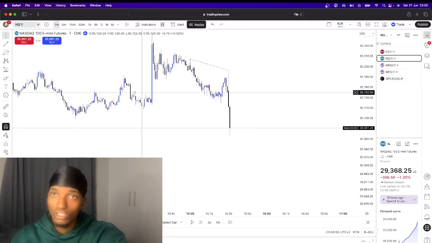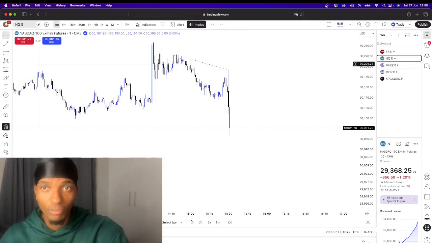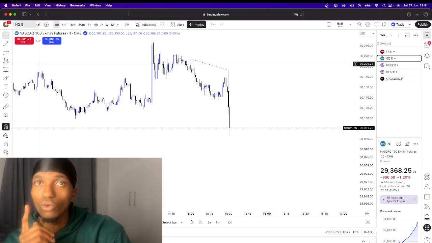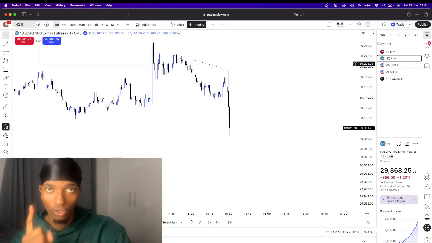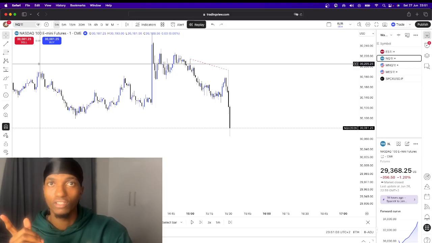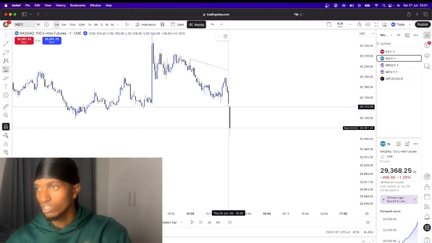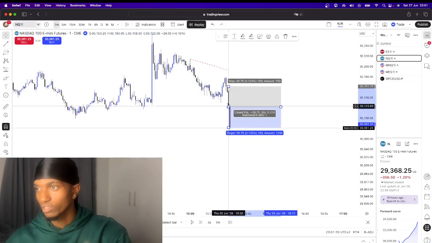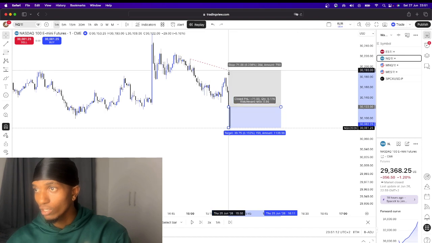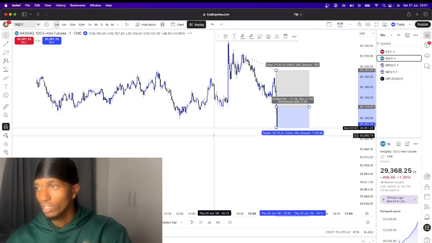So once all your confluences have been met, and then you're simply looking for that one entry confirmation, you can use an SMT for it, right? So in this case, let's say all your confluences have been met, then you see that we put up an SMT up there, right? Stops would have been up there.